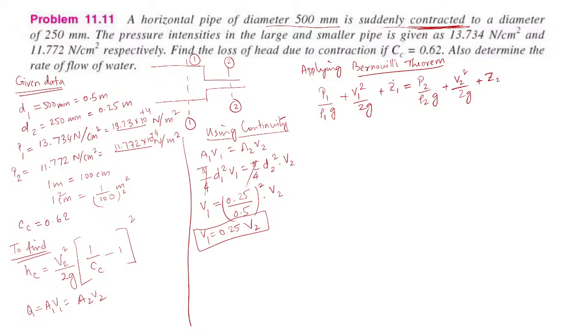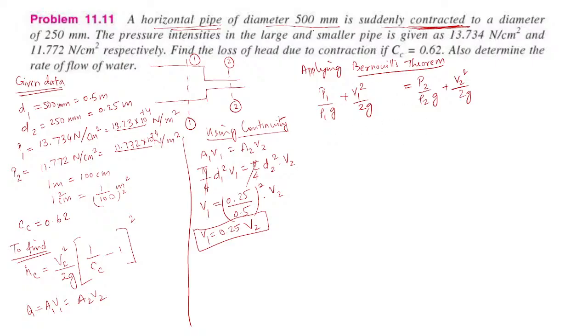Okay. So as it is a horizontal pipe, both are in the same datum line. So Z1 is equal to Z2. So this will get cancelled off, so we can ignore this part. So this is our equation that we have obtained.